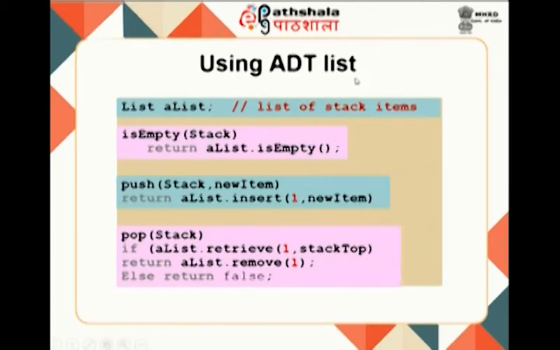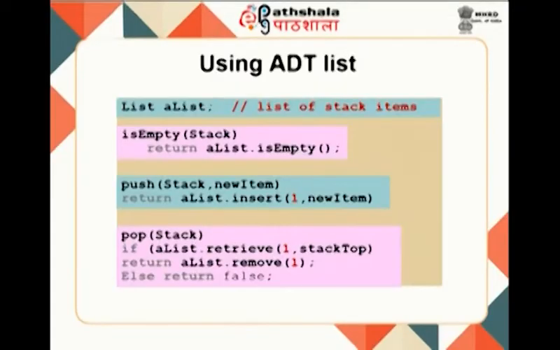So, I can use the ADT list, a list of stack items. Is empty stack returns A list is empty. This A list is the ADT list. Push stack new item will return A list dot insert 1, new item. Pop stack: if A list retrieve 1, stack top, then return A list dot remove 1, else return false. I will come to this.